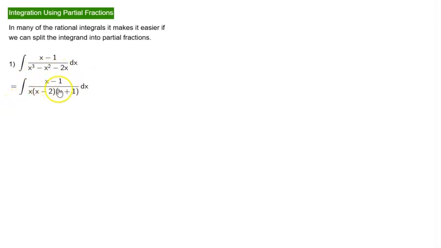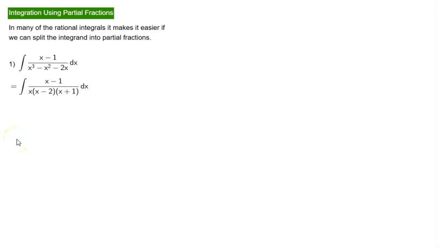In this particular case, we can actually do it visually. x is common to all of them, so x comes out. What we are left with is x square minus x minus 2, and that can be factored into (x minus 2) times (x plus 1).